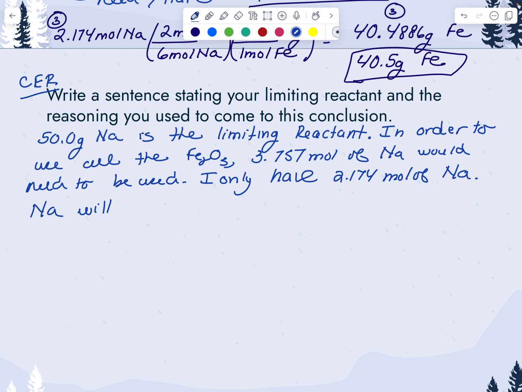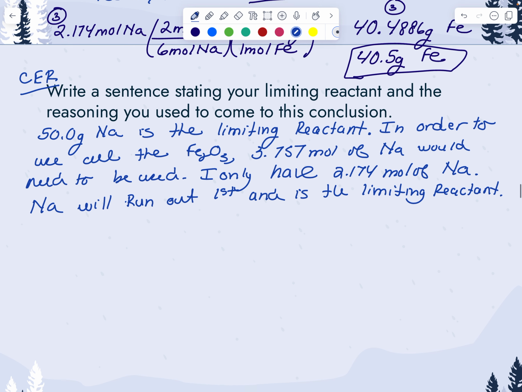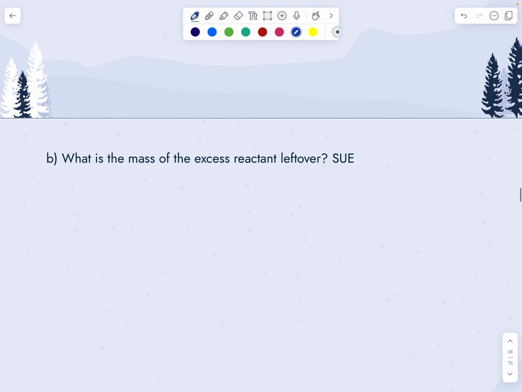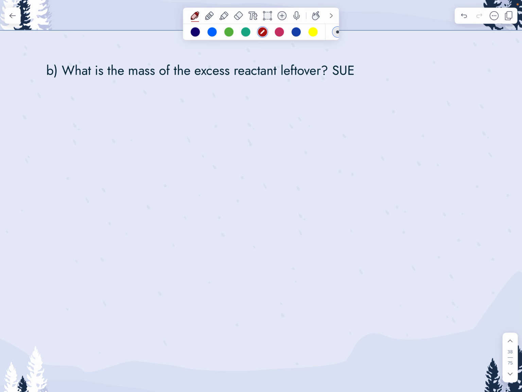Sodium will run out first and is the limiting reactant. Because we're really using logic, that's why these sentences are so important, so that we can see your thinking here. And then, of course, we always have this problem, what mass of the excess reactant is left over?